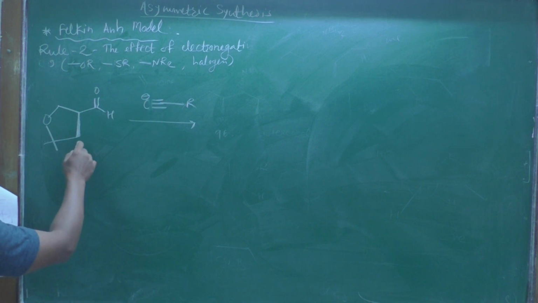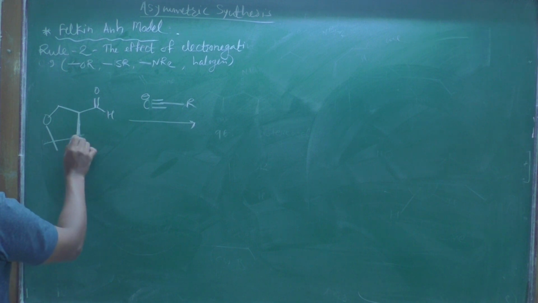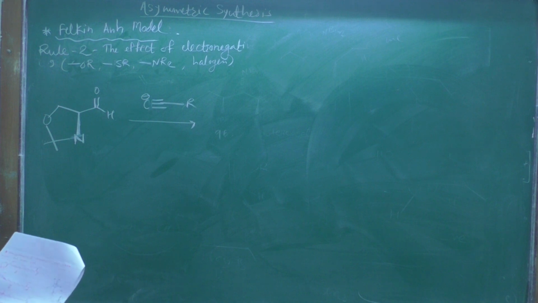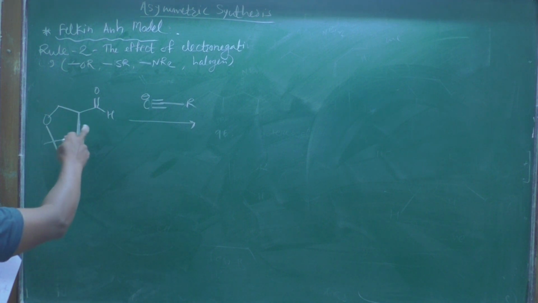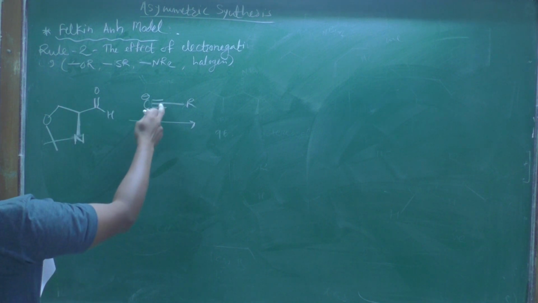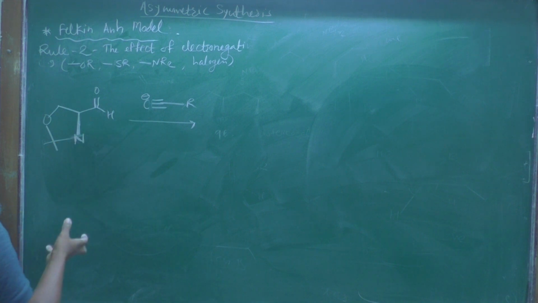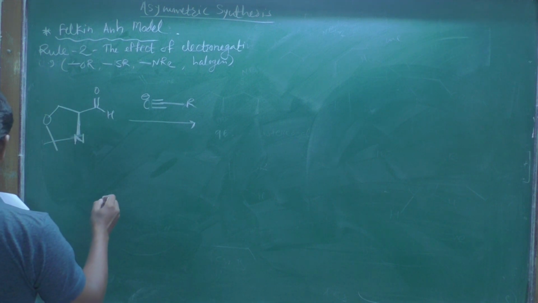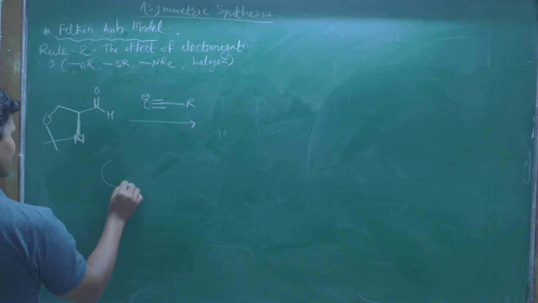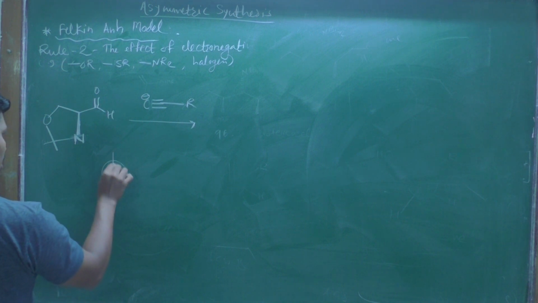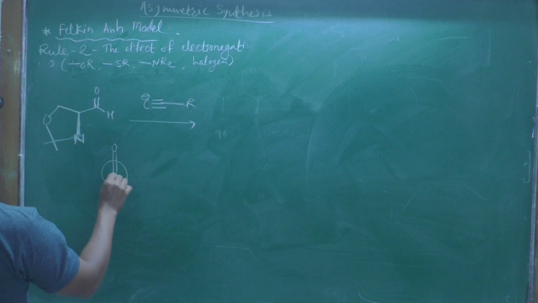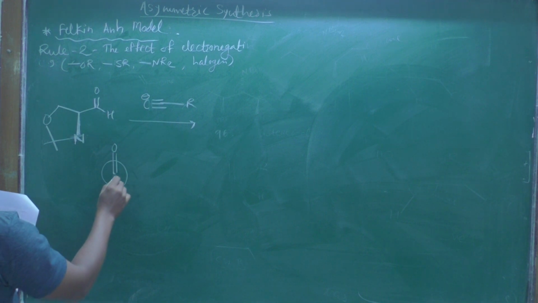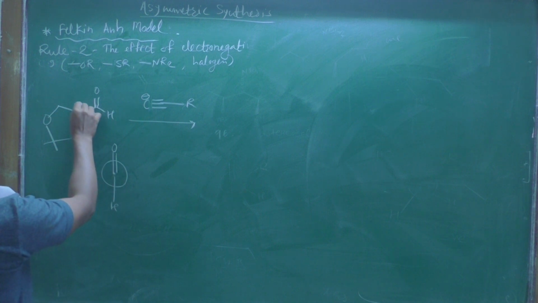Then here nitrogen is there. Now I am putting these starting materials and this nucleophile in the Newman projection. So the case is like this: carbon-oxygen double bond, hydrogen at bottom. Okay, this is carbon-carbon, and the alpha carbon is this one.